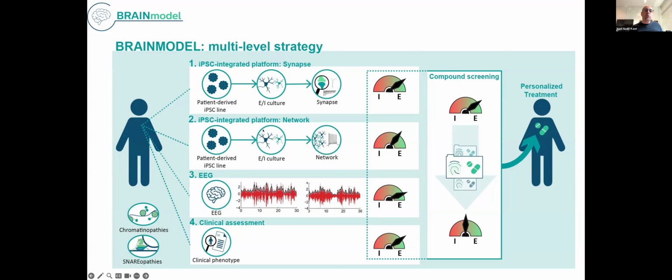And these points 1 and 2 are really what we do in a dish in the lab. But, and I think this is the innovative aspect, from the same patient for whom we have the cells, we have also acquired real-life brain network activity measurements through EEGs. So basically we put electrodes on the kids' heads, and I'll show this in a second.